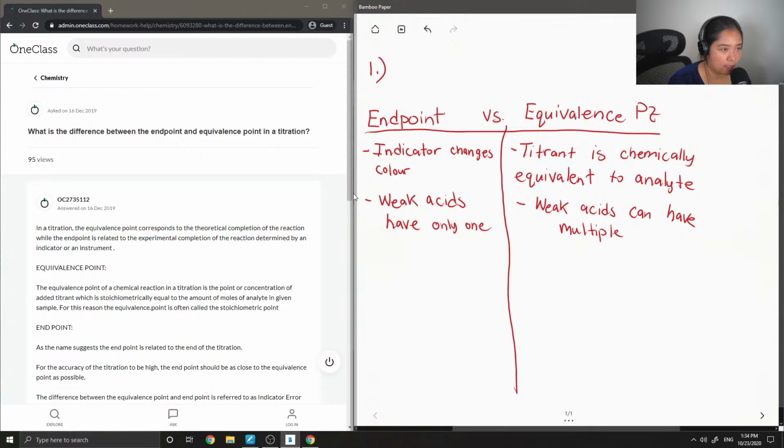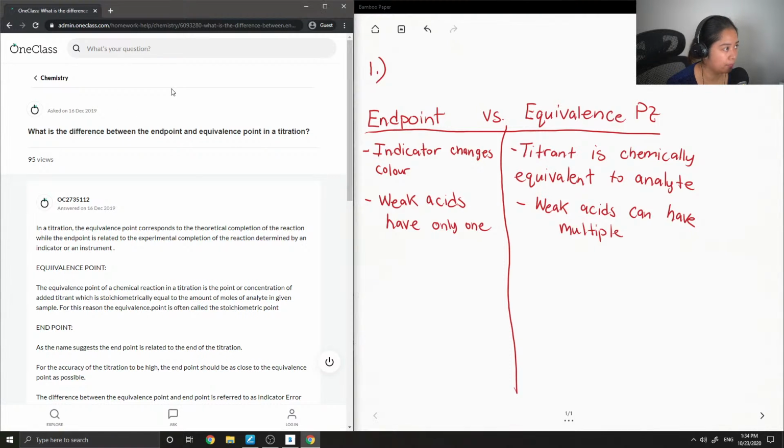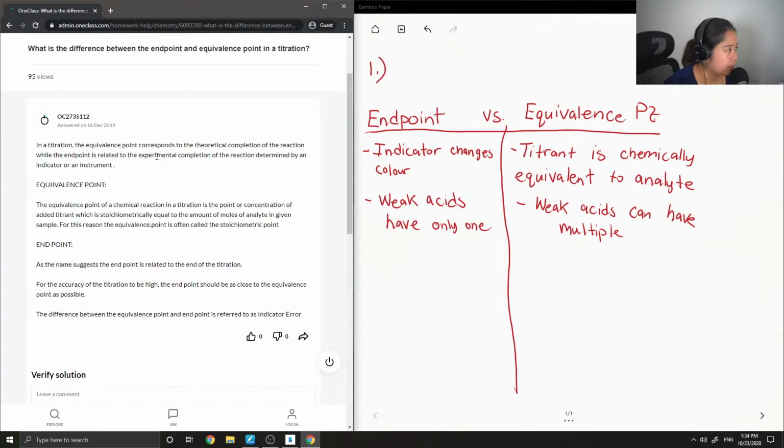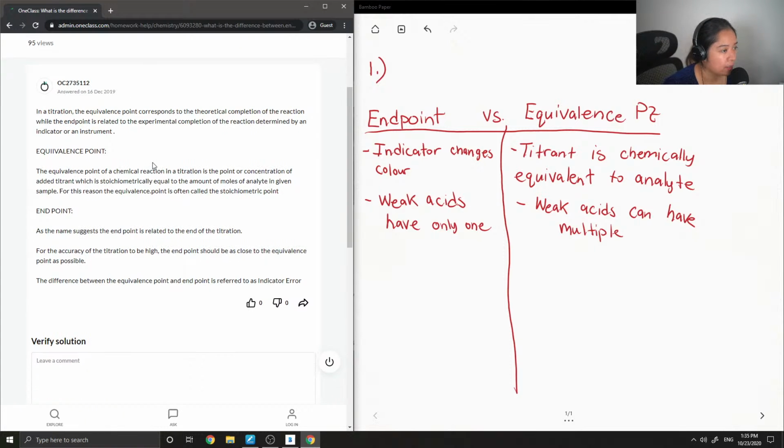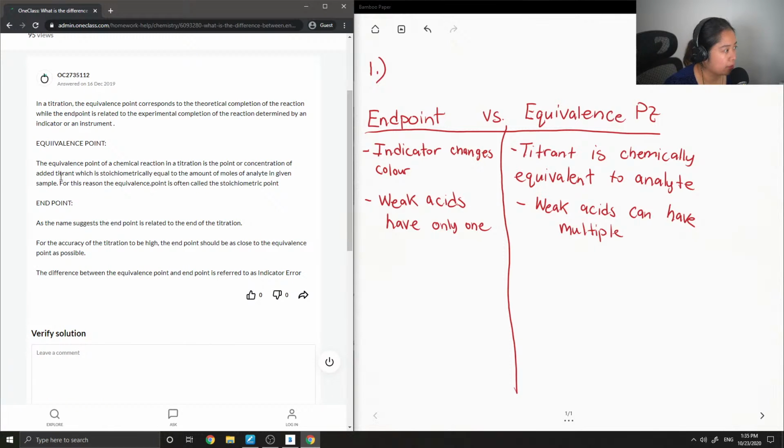Okay, so let's check out the answer from our junior tutor. In a titration, the equivalence point corresponds to the theoretical completion of the reaction, while the endpoint is related to the experimental completion of the reaction determined by an indicator or an instrument. That was a great answer. Equivalence point is the point or concentration of added titrant which is stoichiometrically equal to the amount of moles of analyte in a given sample.